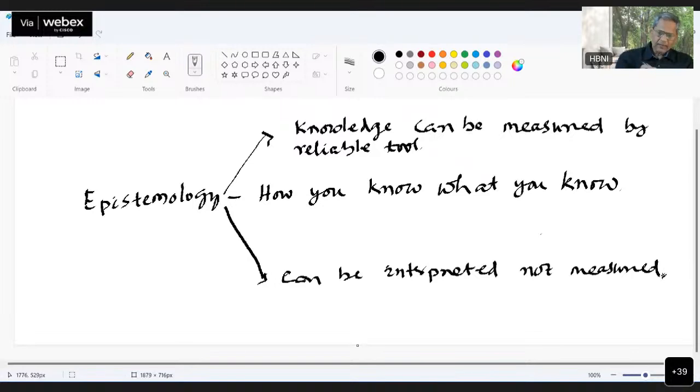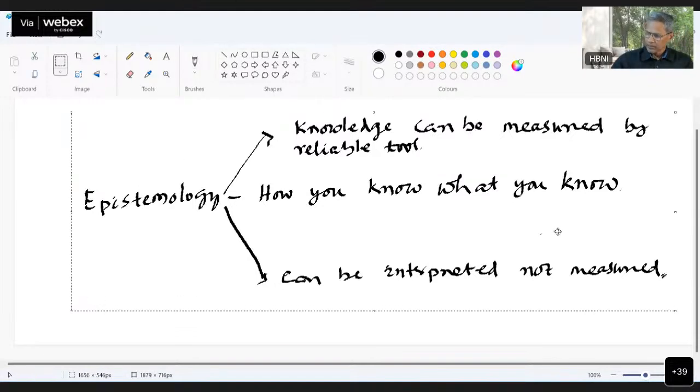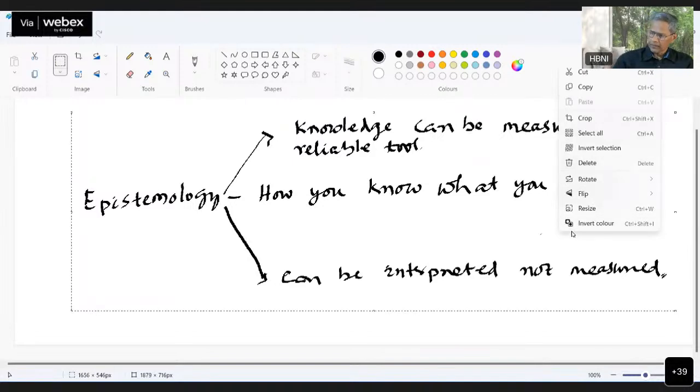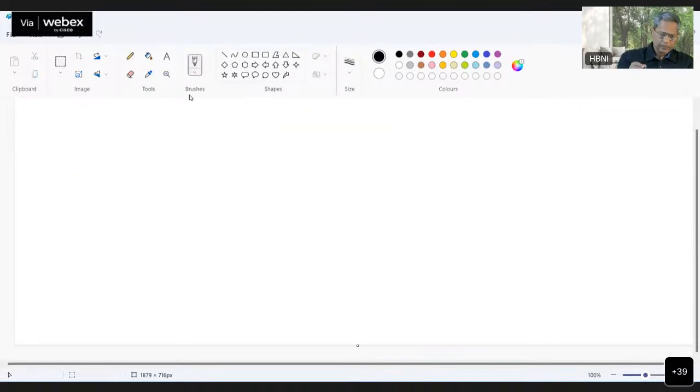So in the research field, both these two types of philosophical approach are adopted. Like we have the ontological approach. Let me write.